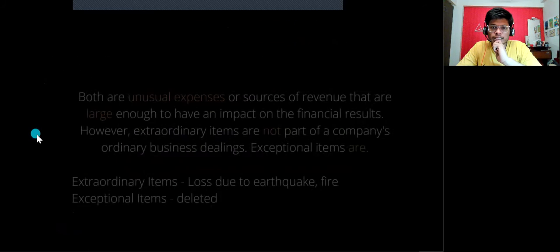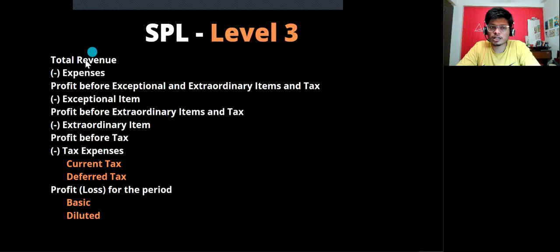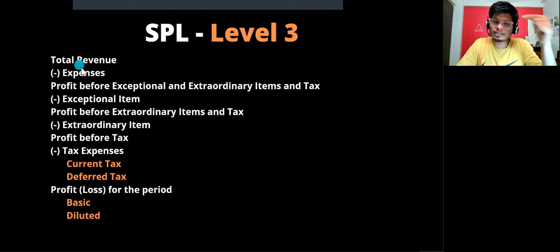So just to reiterate and give you the entire picture, we figured out what total expenses are. Total revenue is revenue from operations plus other income. Remember, because I'm doing this level 3 and so on, you have to present everything that is there in the schedule. I'm just doing level 1, level 2, level 3 to explain it progressively, so that you get the logic behind it.